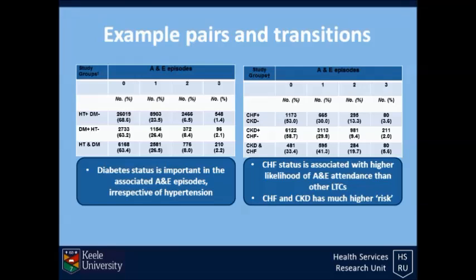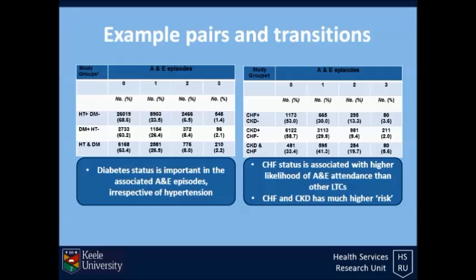And what this showed in terms of A&E episodes is if I look at the bottom row, hypertension, diabetes, 63.4% had no A&E episode, but that means 37% had had at least one A&E episode in any one of the 3 years.